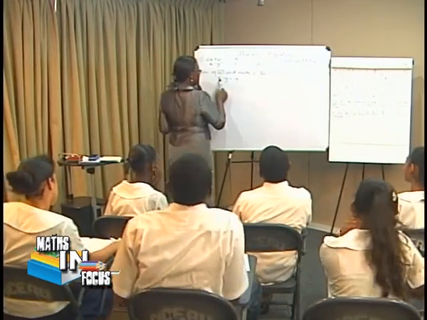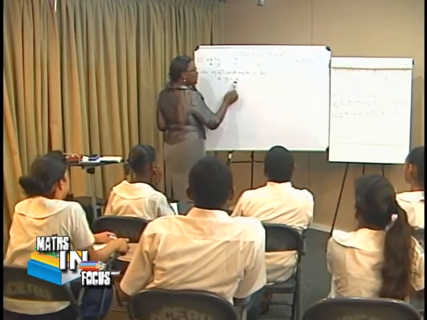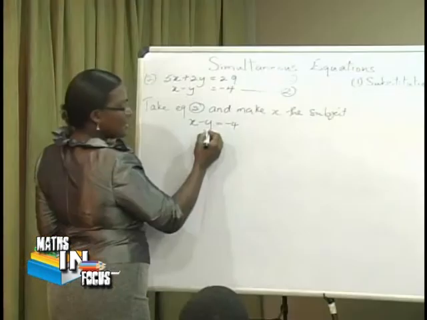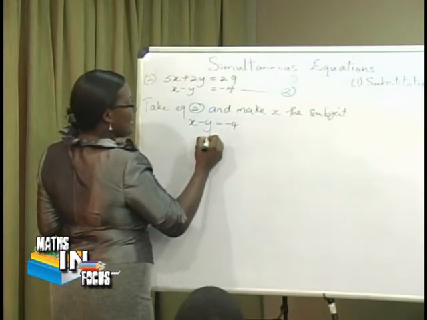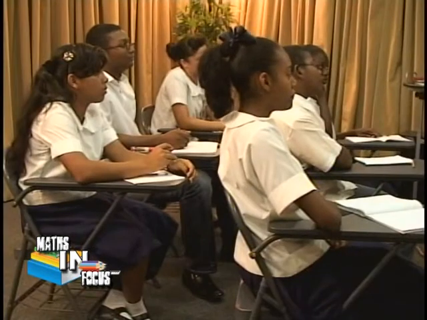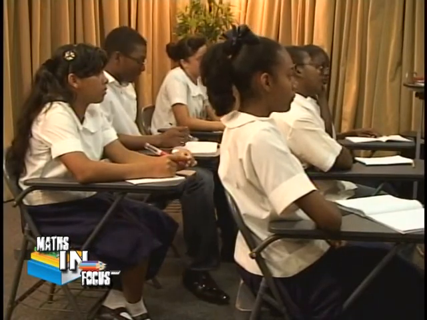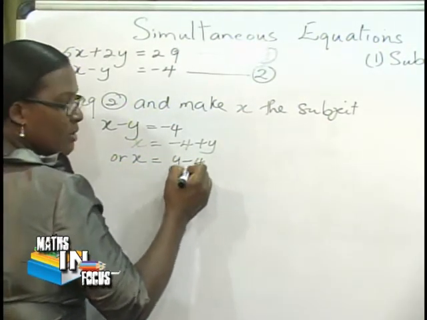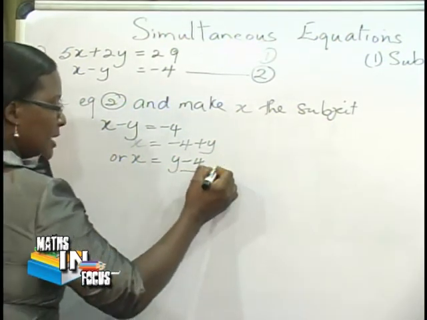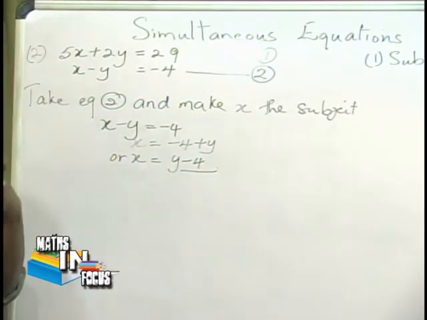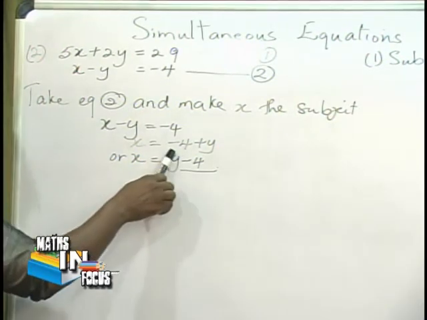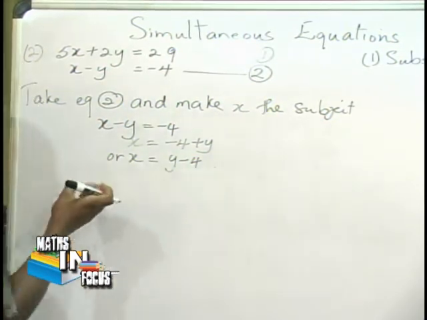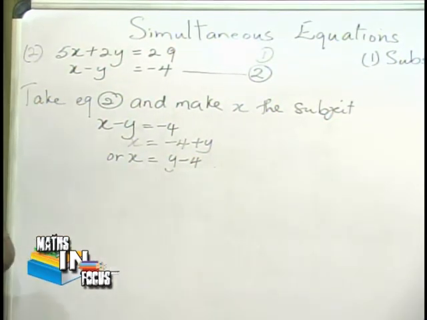So, if we make x the subject, what would x be equal to? Bria? -4 plus y, or y -4. x is equal to -4 added to y, or we can say x is equal to y take 4. And this answer here is one that your mind is much more familiar with than -4 added to y. Okay? Good.